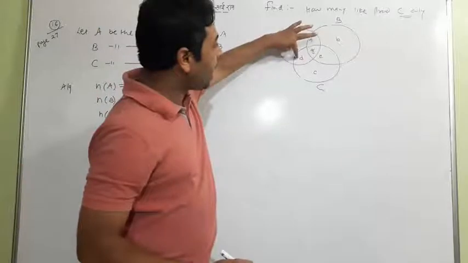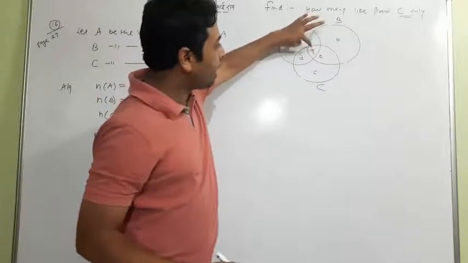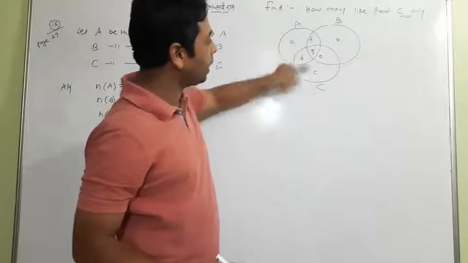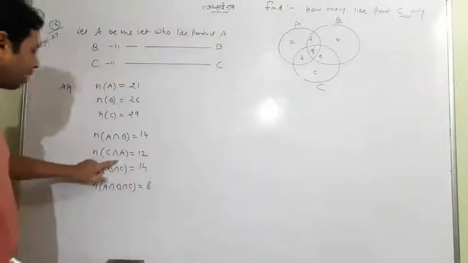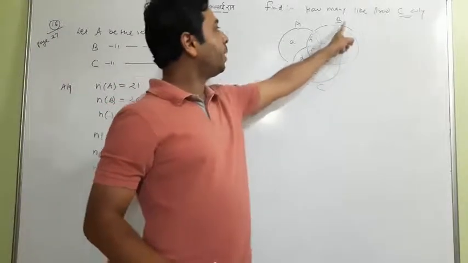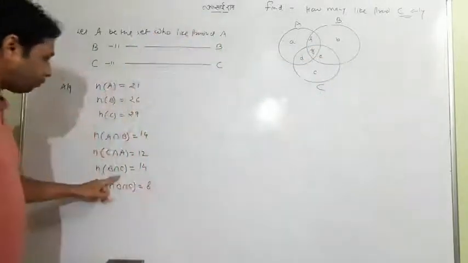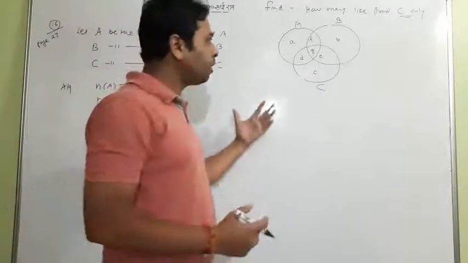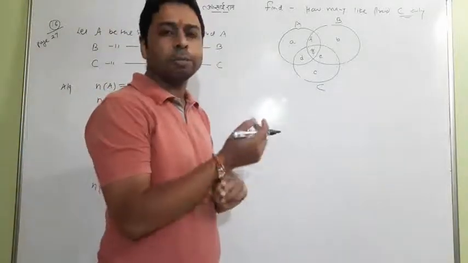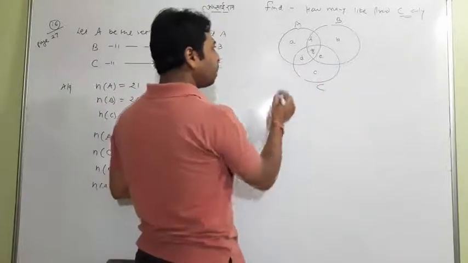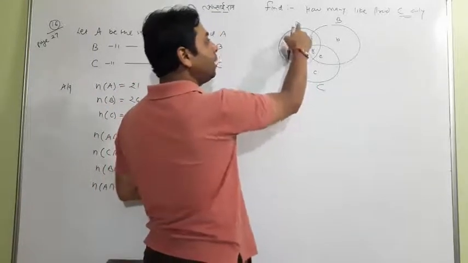D and G are a combination of A and C. Common in A and C we have 12. G is common in B and C, which is already given. And only C we have to find out. First, what is common in A and C?